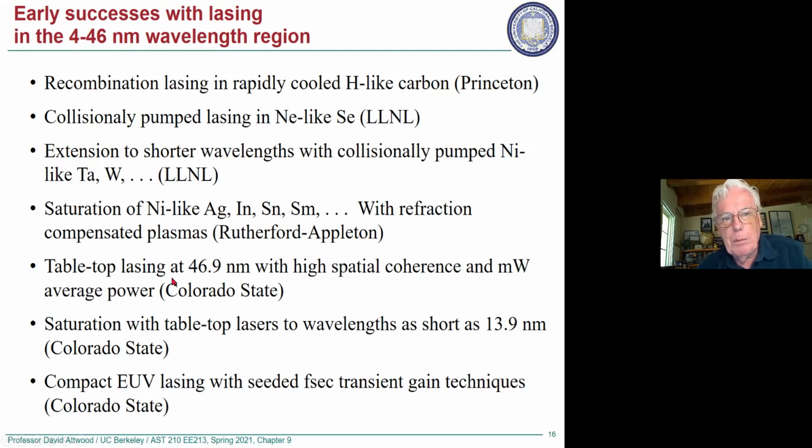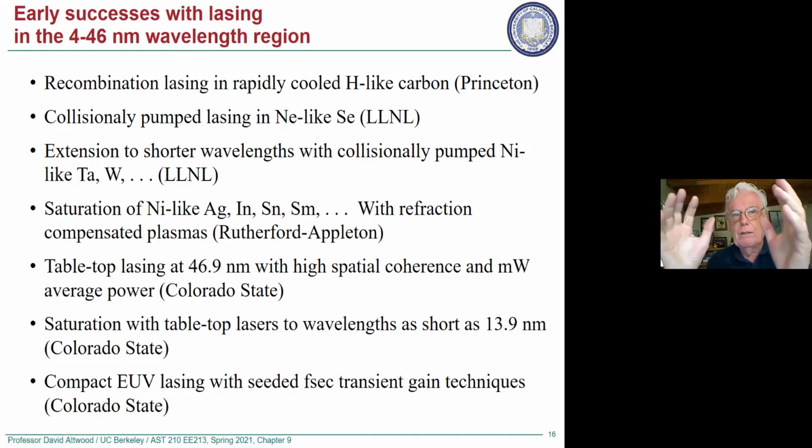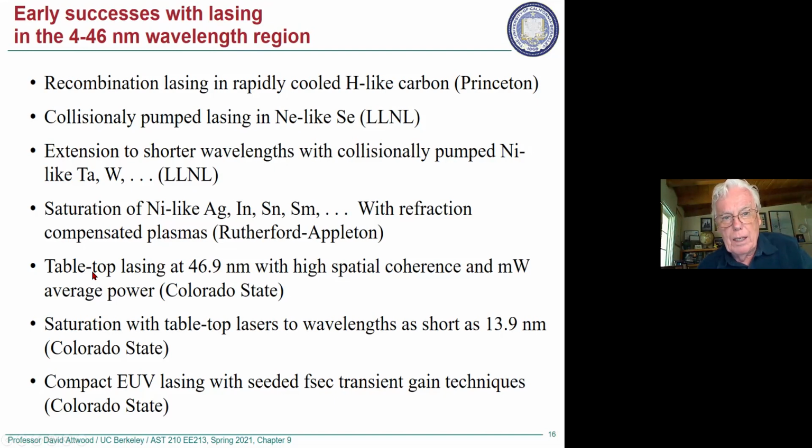When it says tabletop lasing, the one at 46.9 nanometers was truly tabletop. The lasing part was a little bit more than a foot in length. The whole thing was driven by an electrical discharge. The whole experiment could sit on your desk. So it was truly tabletop.